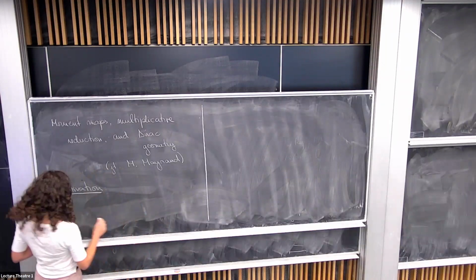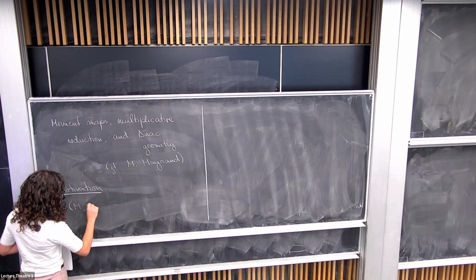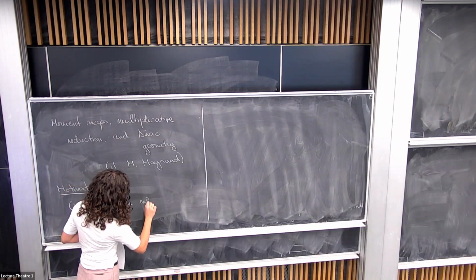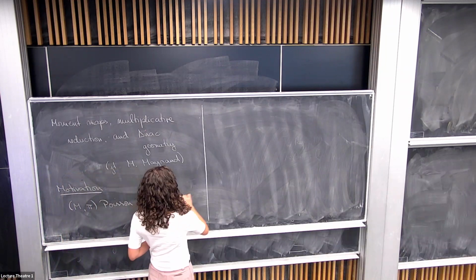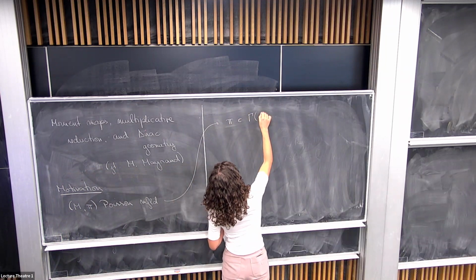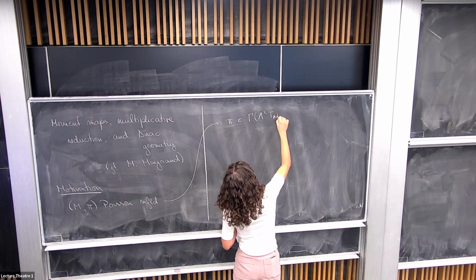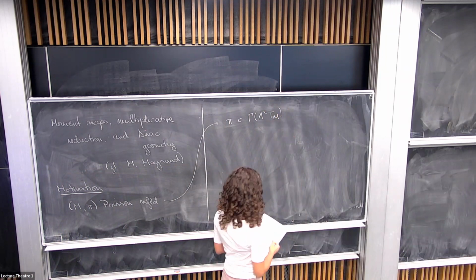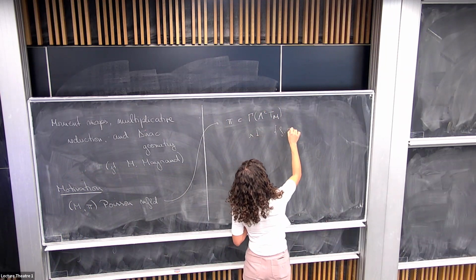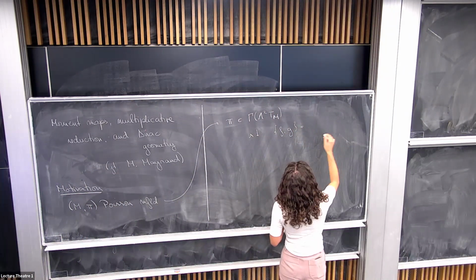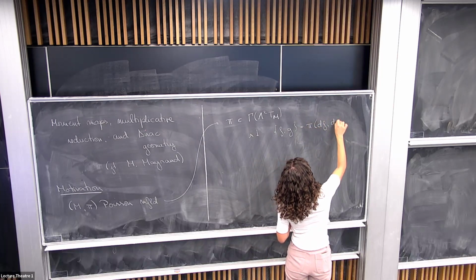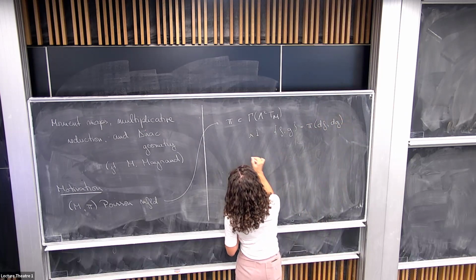So I'm going to begin with a Poisson manifold. What do I mean by a Poisson manifold? I mean a manifold equipped with a bivector that induces a Poisson bracket, such that the bracket on functions defined by {f, g} equals pi applied to the differential of f, the differential of g, satisfies the Jacobi identity.